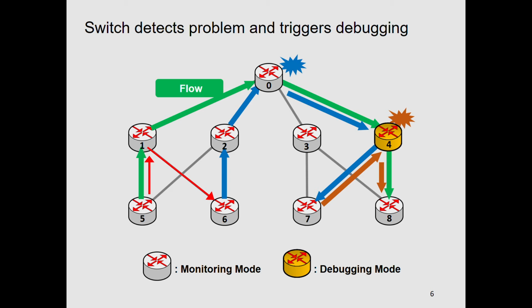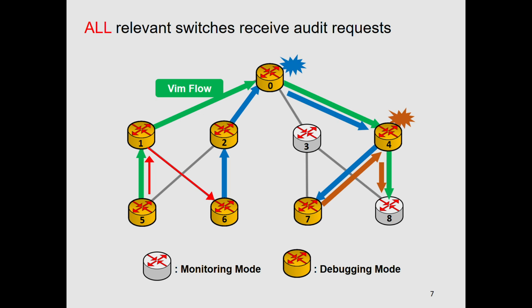This slide shows the problem was found on switch 4, meaning that the accumulated latency exceeds the threshold on switch 4. And SpiderMon tries to find out all the relevant nodes in the network. In this picture, we show that all the nodes relevant to the problem on switch 4 were found by the broadcast of the audit request.